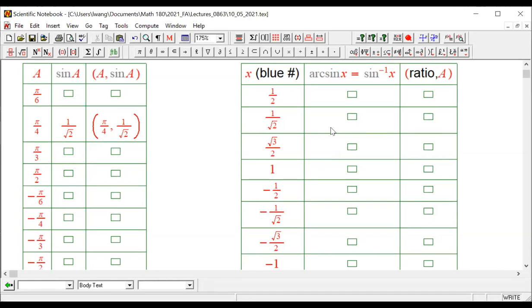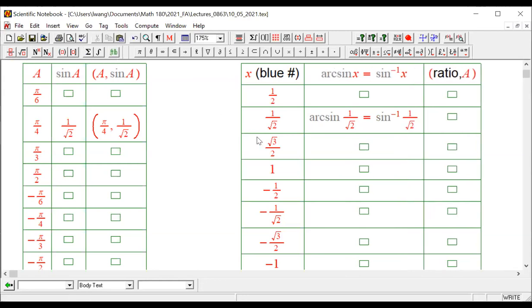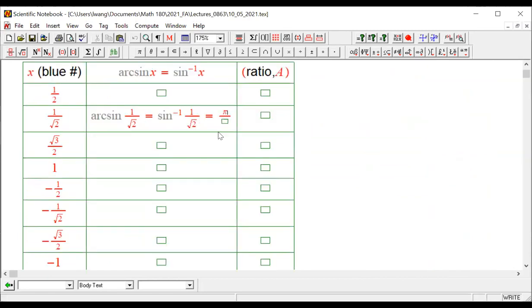When you write it, this is how you write it. You write it arcsine 1 over root 2. Put it on your paper. Or sine inverse 1 over root 2 is equal to pi over 4.